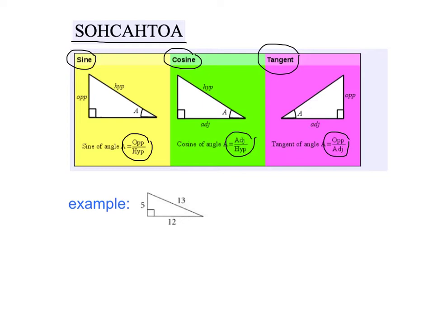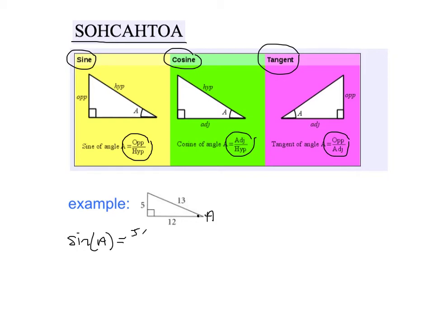So let's see how to use them on the triangle down below. In this triangle, we'll first stand at angle A, down here, and we'll do the three functions. The first one we'll do is sine, and sine is abbreviated SIN, and the sine of angle A is opposite leg, which is 5, over hypotenuse, which is 13.